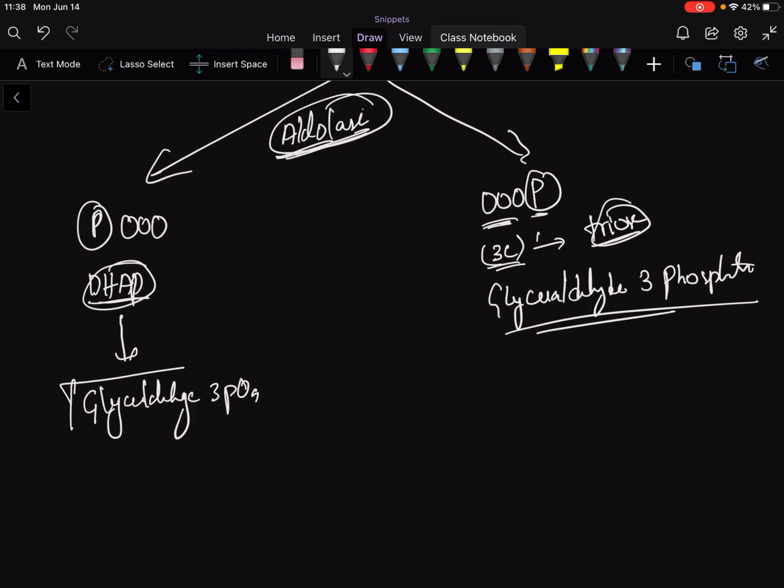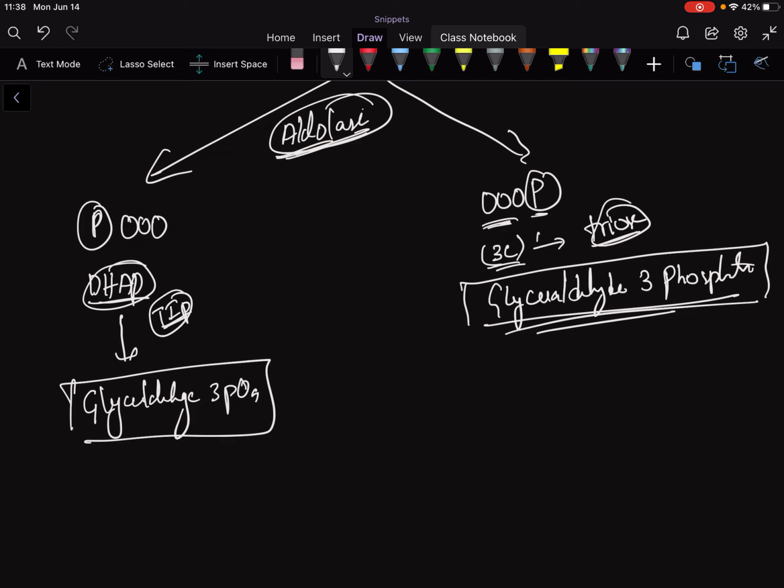So this molecule and this molecule are the same, but the dihydroxyacetone phosphate is again getting converted into glyceraldehyde 3-phosphate by the enzyme I call TIP. Or triose phosphate isomerase, since it has 3 carbons.